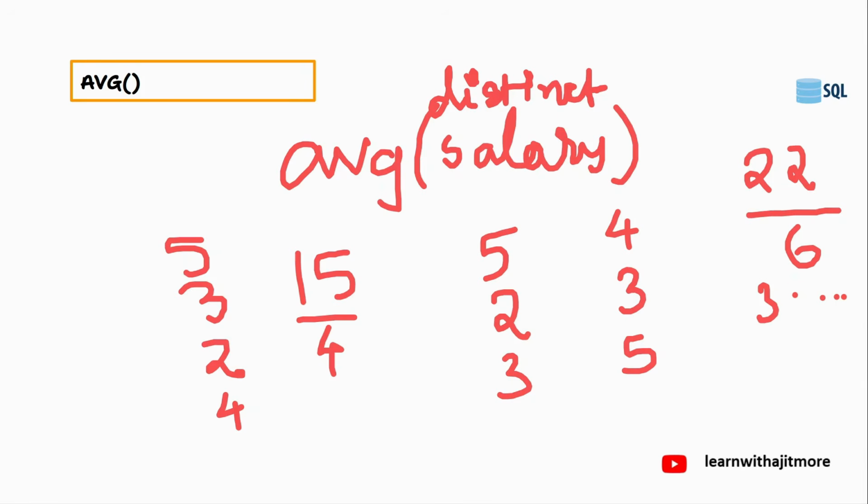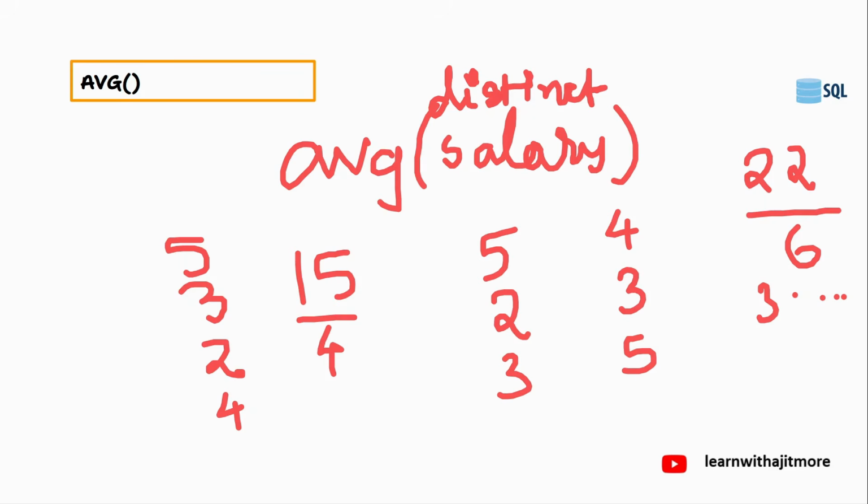No, if you need an accurate average, what is the average salary paid? Suppose the company is having only 100 employees, okay? And they're paying salary to them. And they want to know what is the average salary we pay to our employees. At that time we can just use only average.